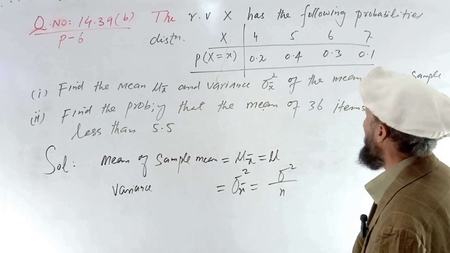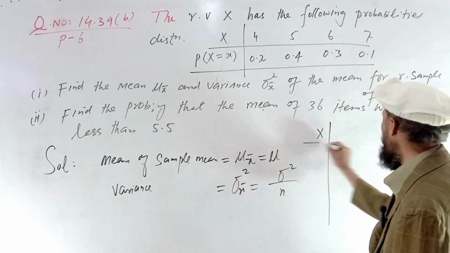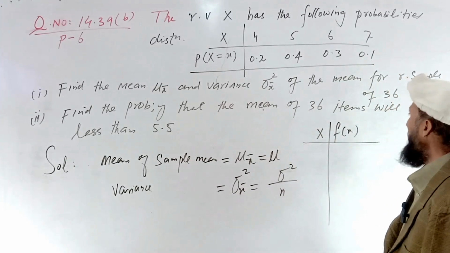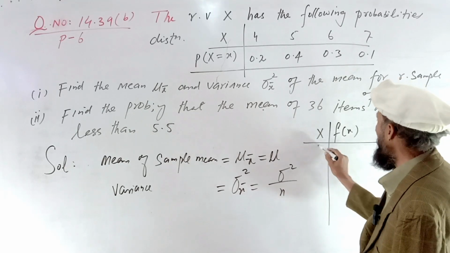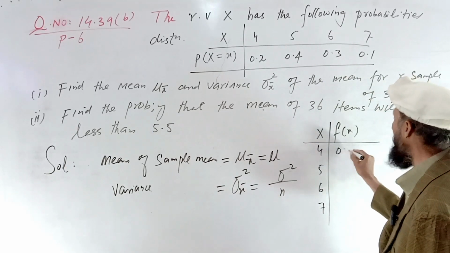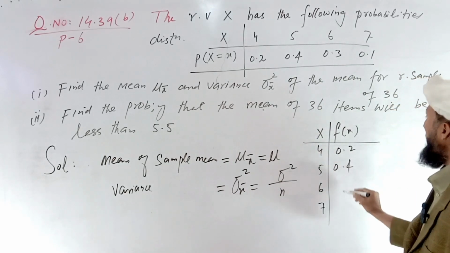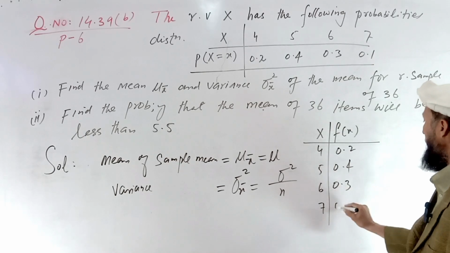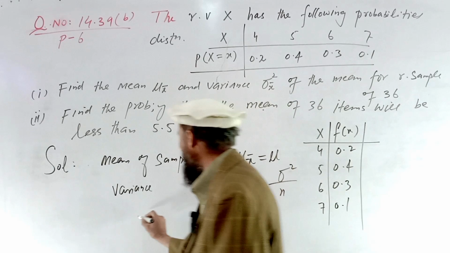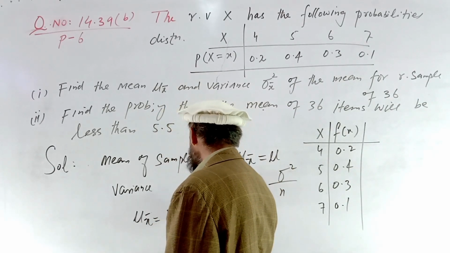So the table is given already, x and probability. We can write it in this form also, f of x. So 4, 5, 6, 7, and the probabilities are 0.2, 0.4, 0.3, and 0.1. Now if we are finding the mean of x bar, we can write expected value of x.